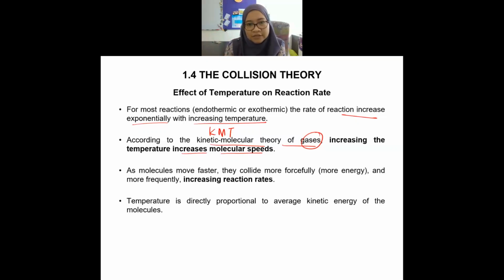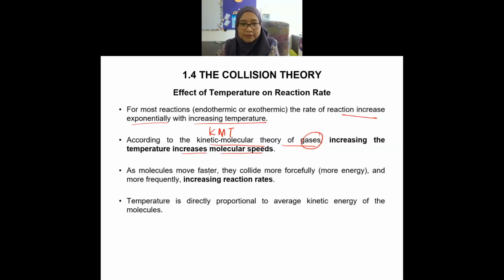So they move faster, they collide more, so they become hyper kan. So that's why temperature is directly related to kinetic energy, and this kinetic energy is also directly related to molecular speeds. When kinetic energy increases, the molecular speed, the particle speed also increases.